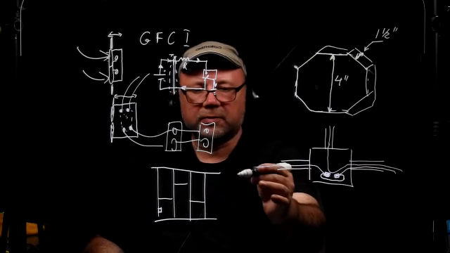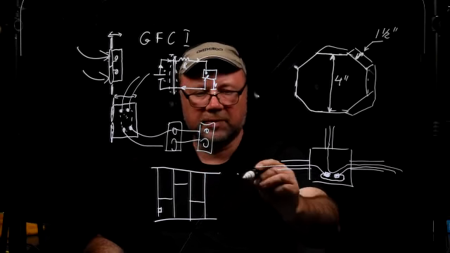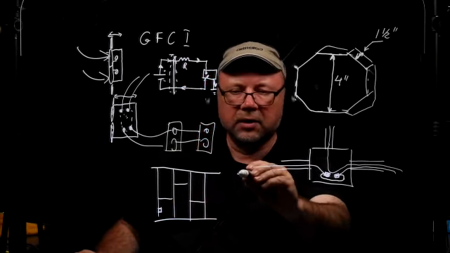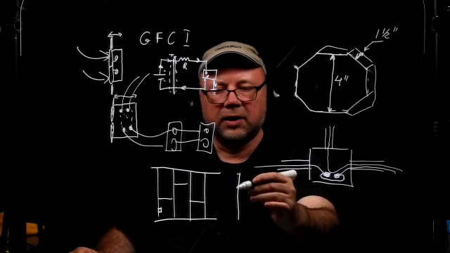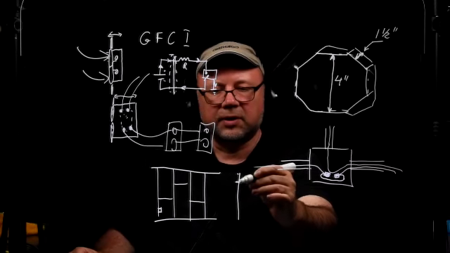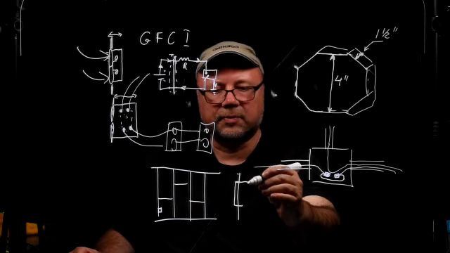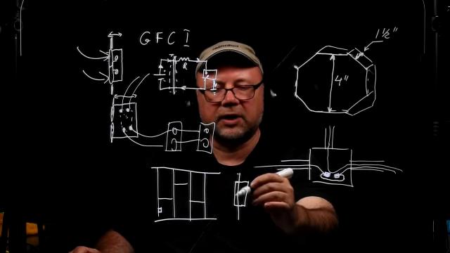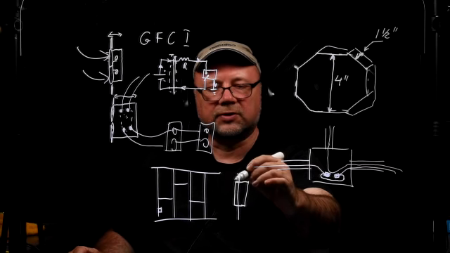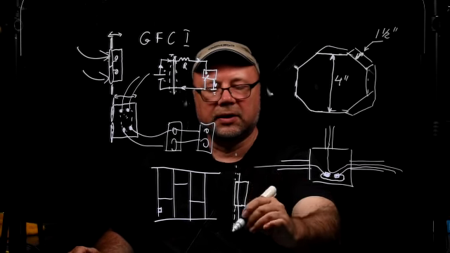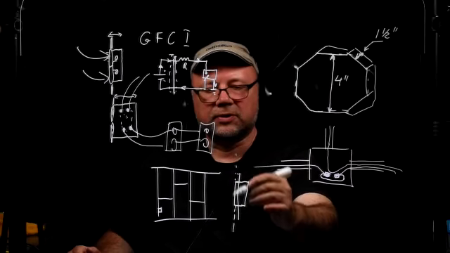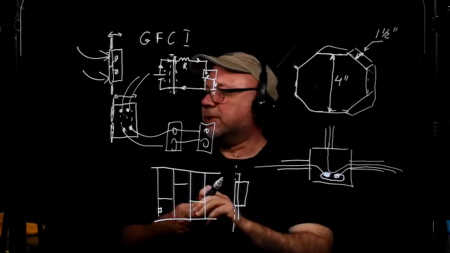So if you look at it from the side, you just flip that to the side. Here's the stud. You're going to install the box that extends 1/2 inch to the front. And here's the box. Here's your 1/2 inch. So when the drywall comes on top of the stud, the front of the box is flush with the drywall. So that's basically what that means.